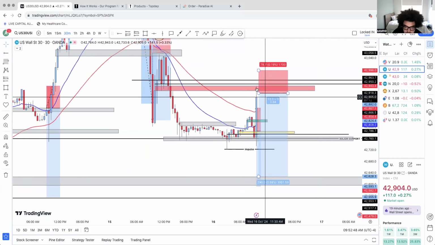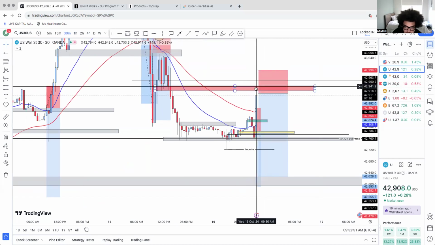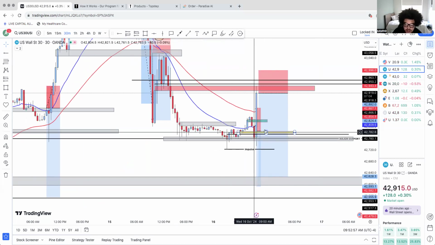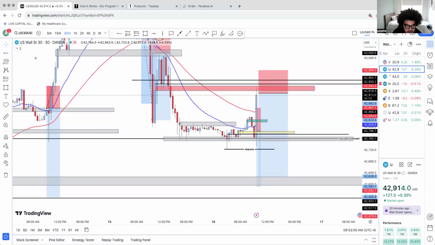This really should have been the entry point, but with us breaking structure 1, 2, 3 times and breaking a major support, that was the area where we looked to hop in. So it's all good. We are solid, and that is pretty much it for the day today. Not gonna lie.